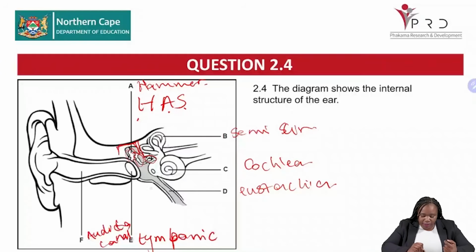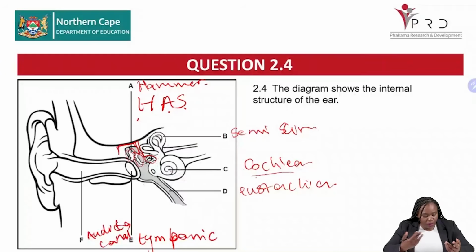And then the cochlea, you know that when the fluid in the inner ear moves, the receptors in the cochlea, the organ of Corti, will be stimulated. Eustachian tube, you know what it does as well.